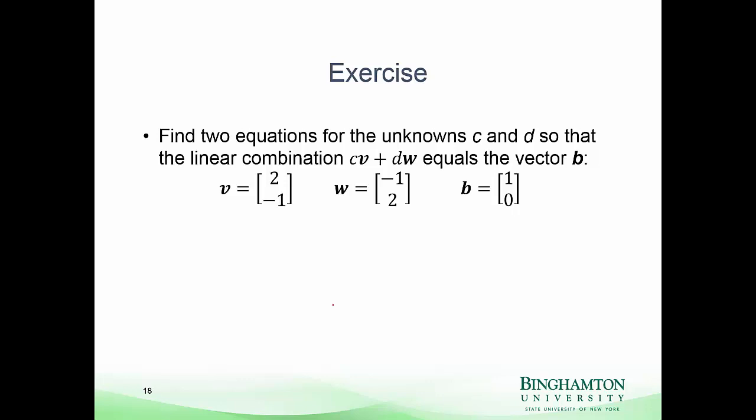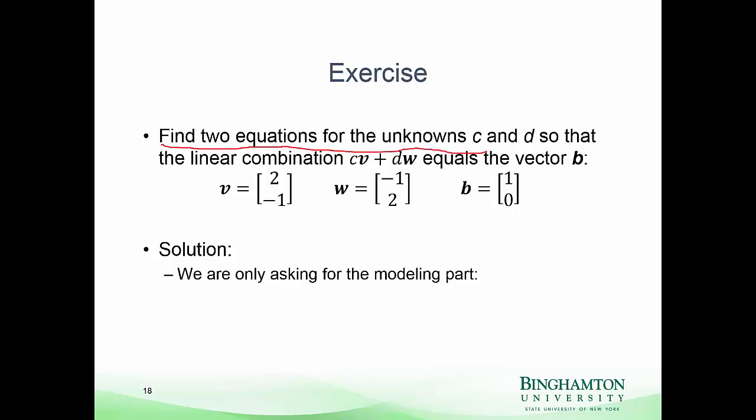All right, back to our exercise. Find two equations for the unknowns c and d so that the linear combination cv plus dw equals the vector b for these given vectors. So we're only really going to do the modeling part. We're just going to set up the equations. That's why we say here find two equations for the unknowns. It doesn't say find the unknowns.